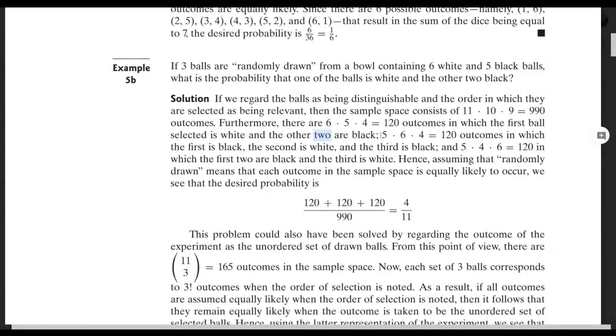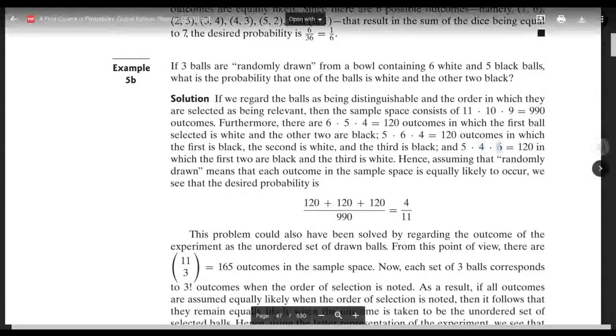So we would have this, because we have 5 black ones, 6 white ones, and then one black one is already out. We have 4 left. So that is this many outcomes. Or if the first 2 are black, right? The first one is black, 5 of them. One is out, 4 of them. And a white one with 6 of them.